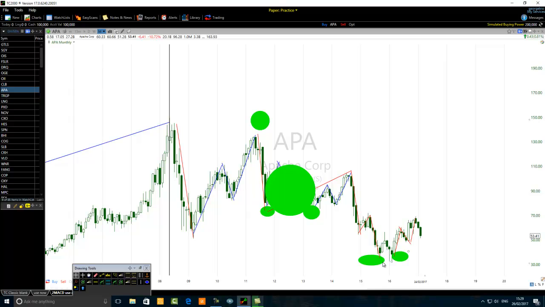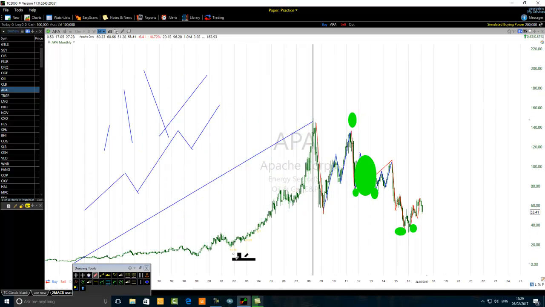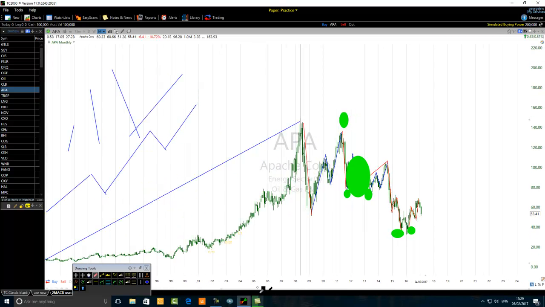So be aware of the double bottom chart pattern when you are counting your wave. All right? Now it's coming back down again. Looking at this chart, it looks to me like a flat correction that is a bit complex.